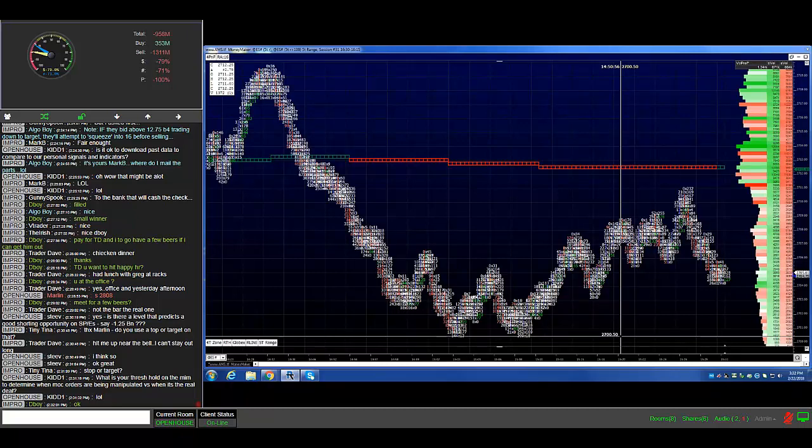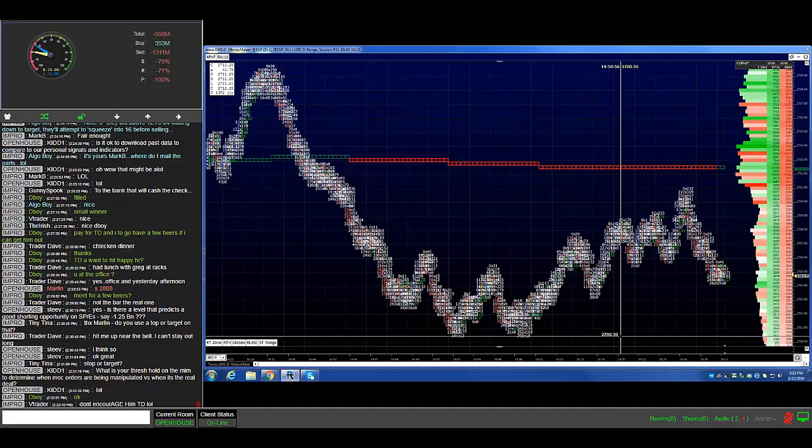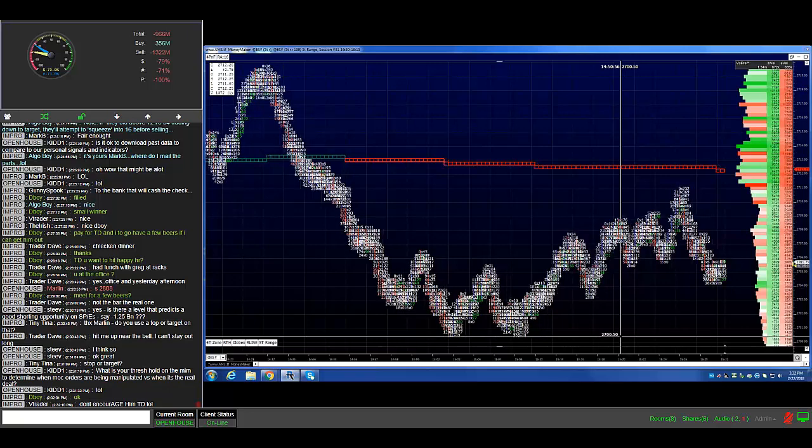Low of the day on the S&P was 27 even, 0.5, so we're just 5 points off of the low of the day. 220 symbols with sells, 92 with buys.